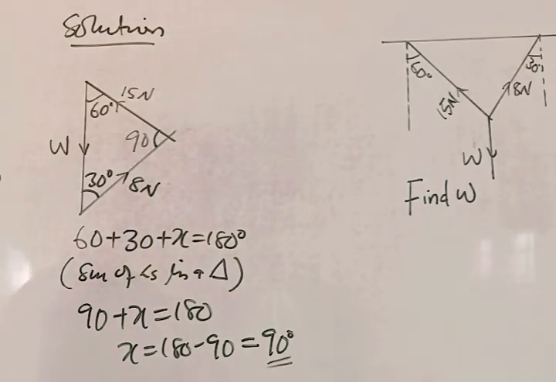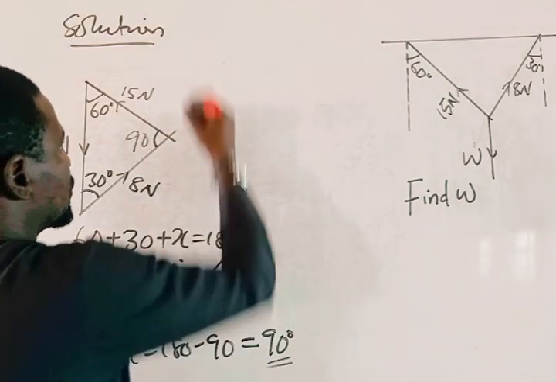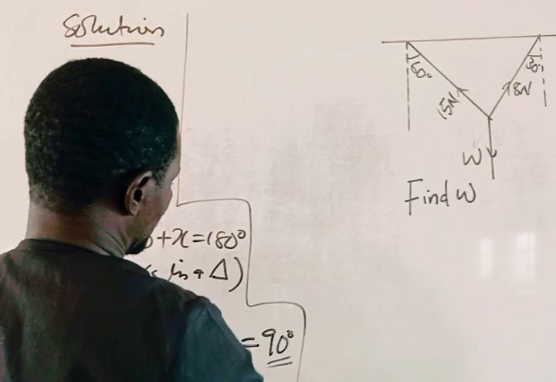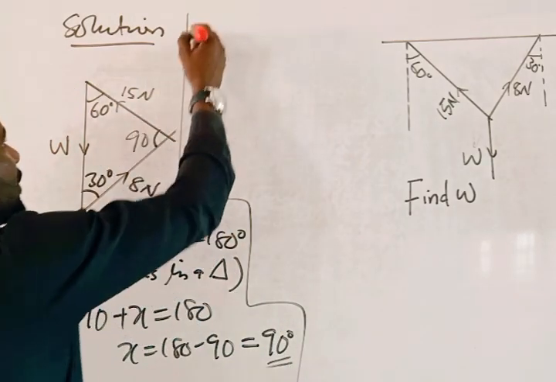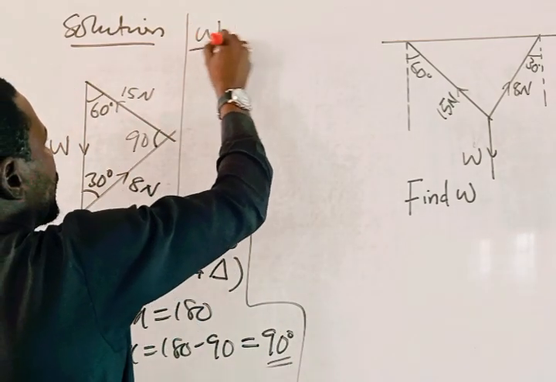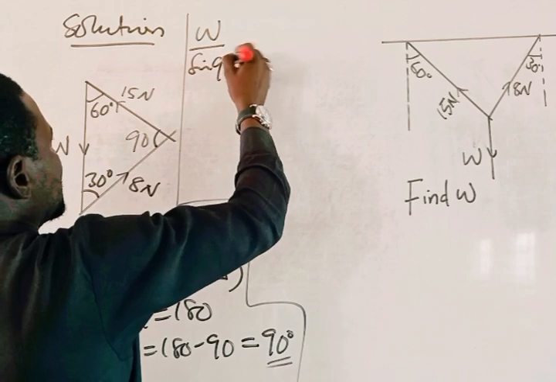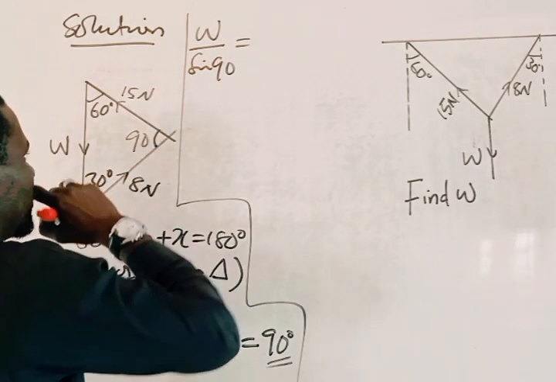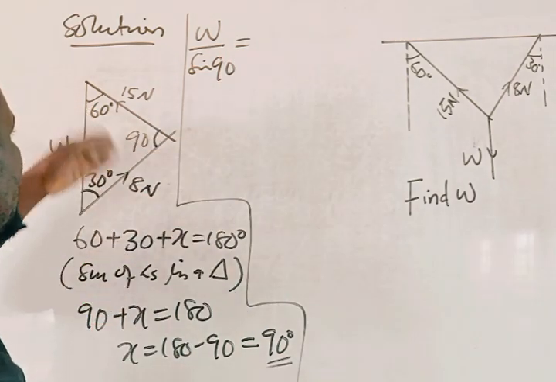Now since it is 90 degrees, what we need to do next is to use the sine rule. And the sine rule says W over sine 90 equals, let's use any of these.